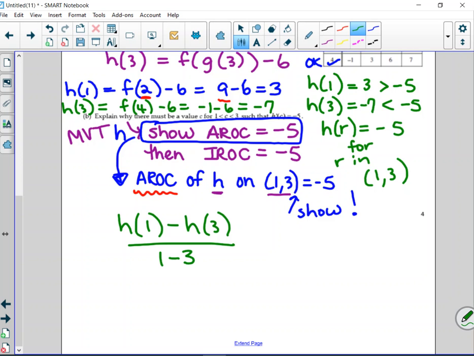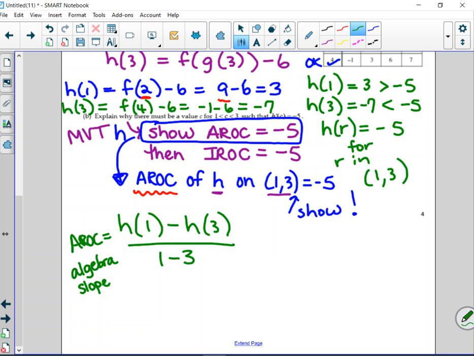Average rate of change is just an algebra calculation of slope: y minus y over x minus x. So the y for an x of 1 minus the y for an x of 3, over 1 minus 3.